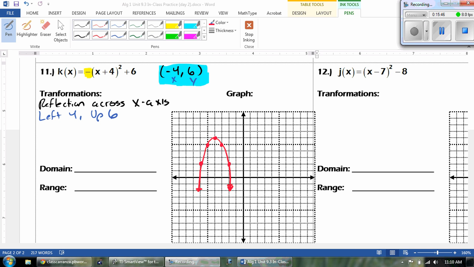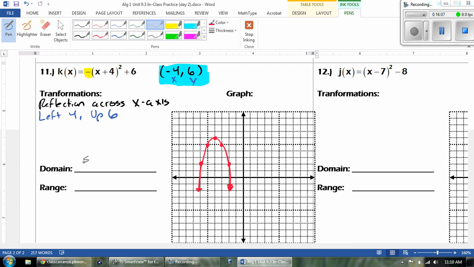Okay, so there is my parabola. There was a reflection because it was negative. Our vertex was (-4, 6), so we had to go left 4, up 6. And now I'm getting ready to write my domain and range.